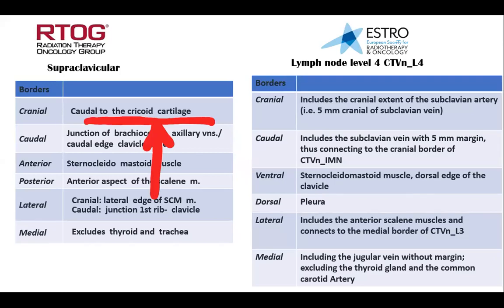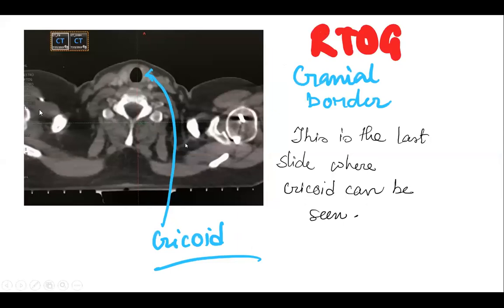First, we will start with the RTOG cranial border, which is just caudal to the cricoid cartilage. So first we will identify the cricoid cartilage, and we will slide till the last slice where we can see the cricoid cartilage. So this is the last slice where the cricoid cartilage is seen.